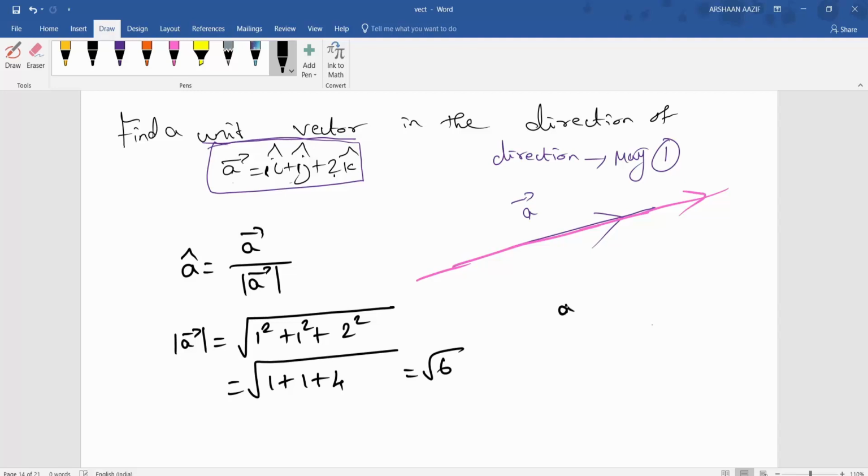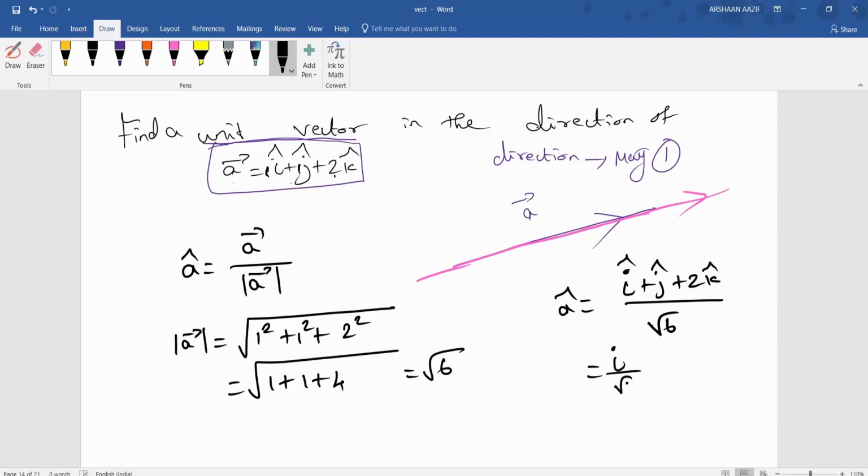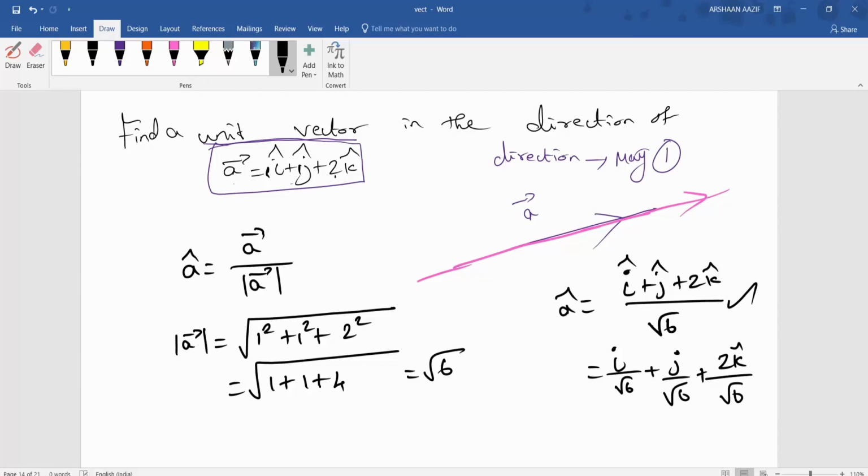So my A cap is equal to i cap plus j cap plus 2k cap divided by root 6. This could even be written as i by root 6 plus j by root 6 plus 2k by root 6. This itself is fine. So this is how you could find the unit vector for a given vector. Thank you. Happy learning.